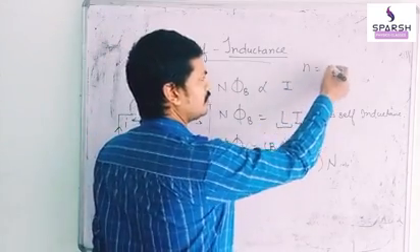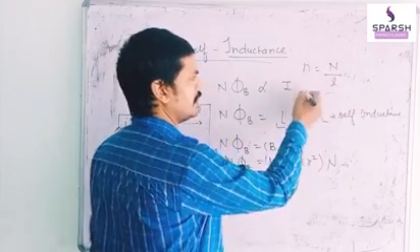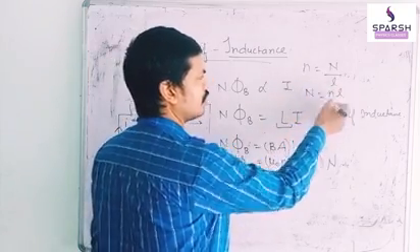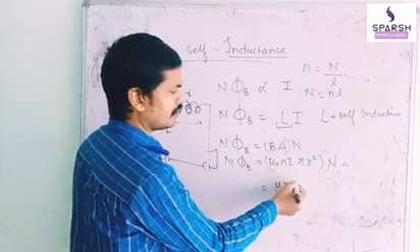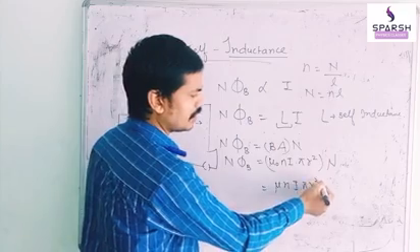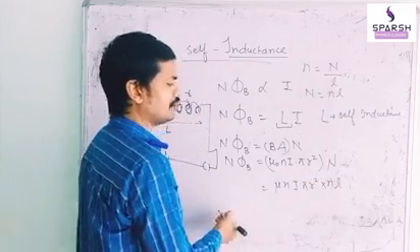Since small n is equal to number of turns per unit length, therefore capital N is equal to small n into l. So क्या लिख सकते हैं यहाँ पे mu naught n I pi r square into small n into l.